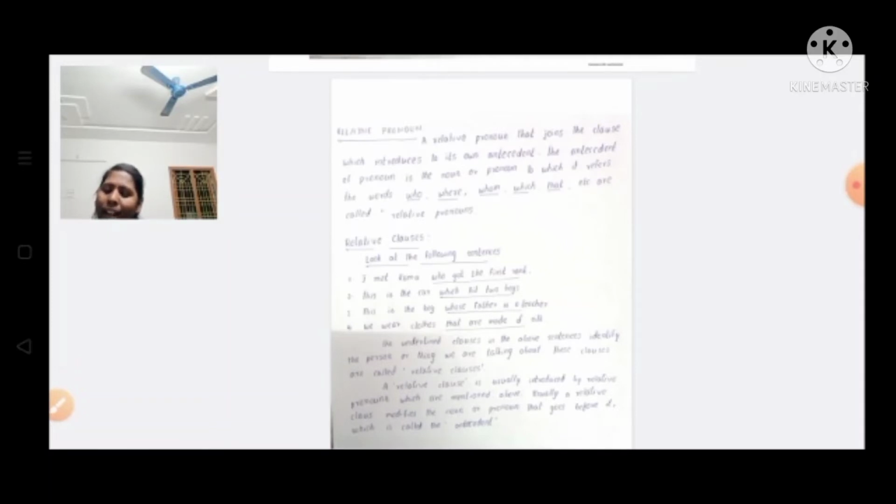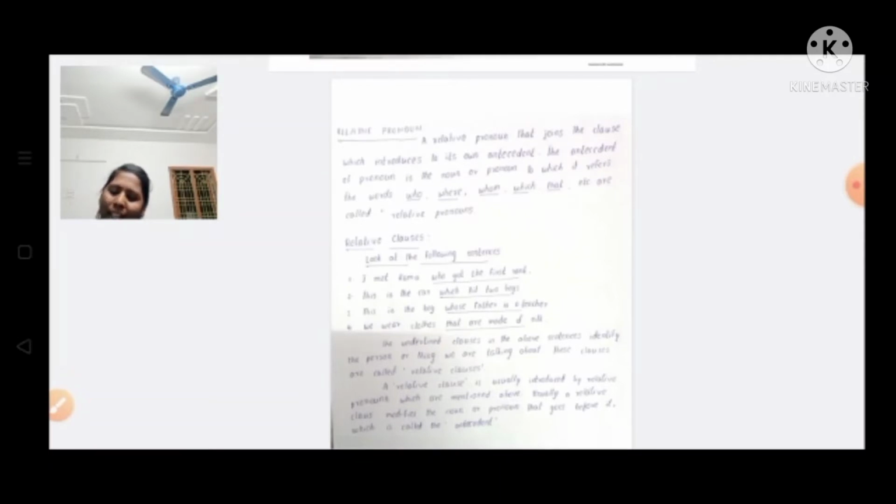The underlined clauses in the above sentences identify the person or thing we are talking about. These clauses are called relative clauses. A relative clause is usually introduced by relative pronouns, which are mentioned above.